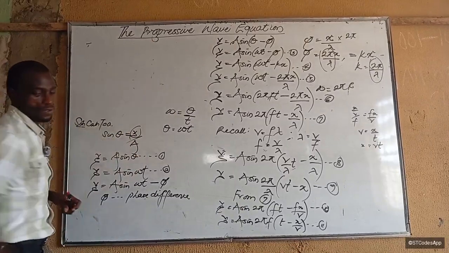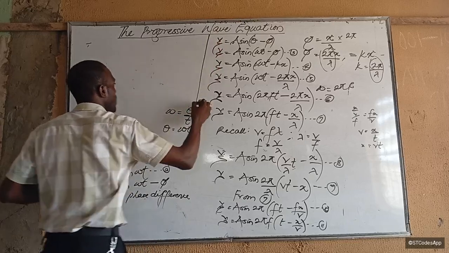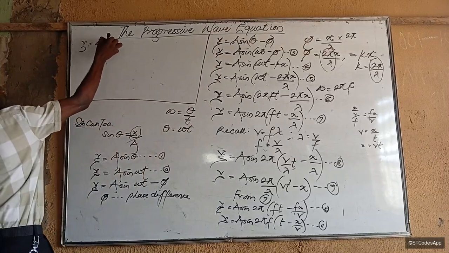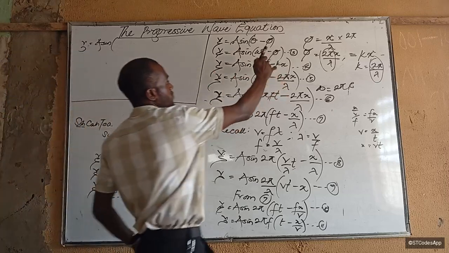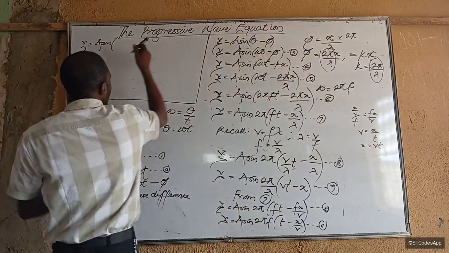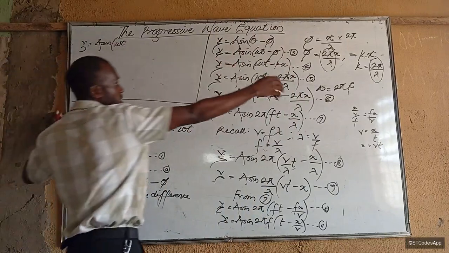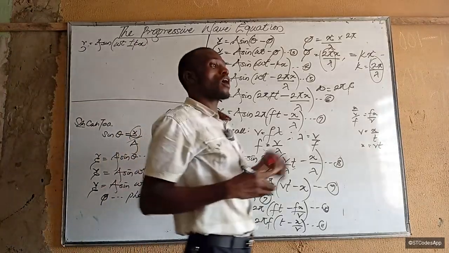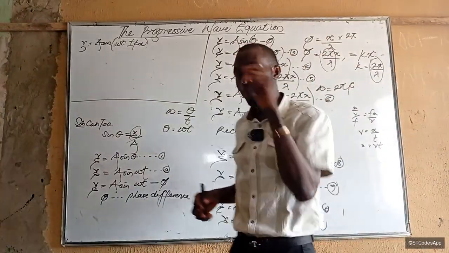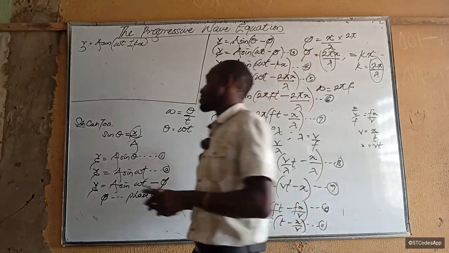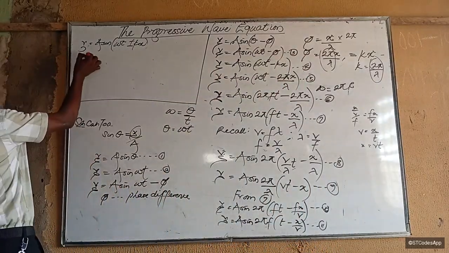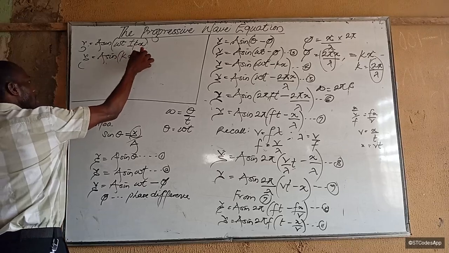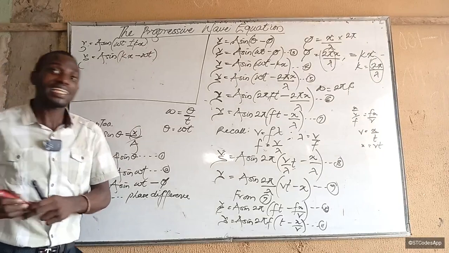Some textbooks, depending on the convention, use y equal to A sine of omega t, and I've talked about how it could be plus or minus kx, depending on the direction of the wave of the particle you are looking at. Then again, the convention I want to show you is where we have A sine of kx minus omega t. All right. Now listen.